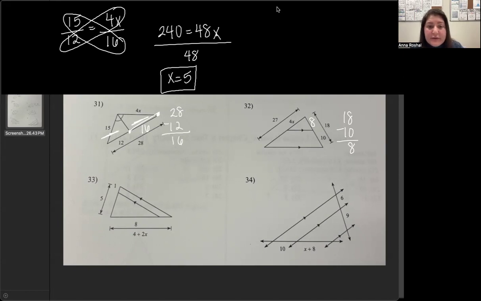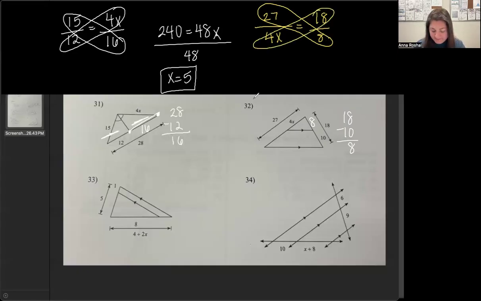I'm going to go in and do a different color to make it a little bit easier to follow along. 27 over 4x equals 18 over 8, right? Because I did the whole over the small equals the whole over the small. Again, we can simplify or we can cross multiply. Whoa, boy. Something is fishy over there. Okay, so 27 times 8 is 216. 4 times 18 is 72x.